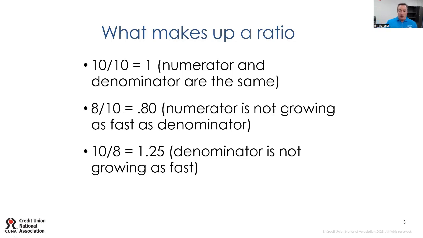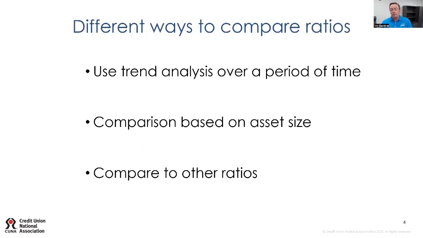And if the denominator is smaller than the numerator, or the numerator grows faster than the denominator, the ratio is going to go up. Again, whether the number going up or down is good depends on what kind of ratio it is. Is it an income-based ratio? Is it an expense-based ratio? That will help us determine which way we really want things to go.